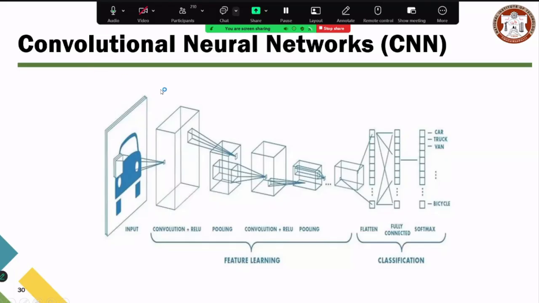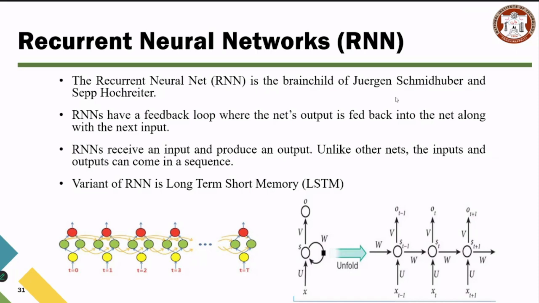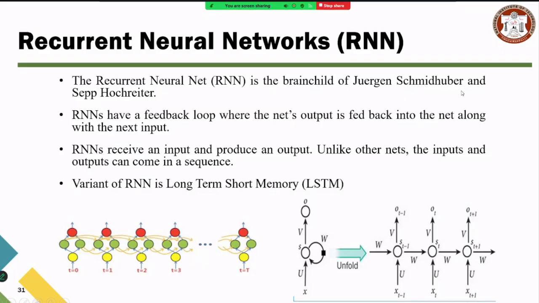Next, we'll go for RNN. Already mentioned where we have to apply CNN: images, text, even speech content, and everything. RNN stands for recurrent neural network, developed by Jurgen Schmidhuber and colleagues.